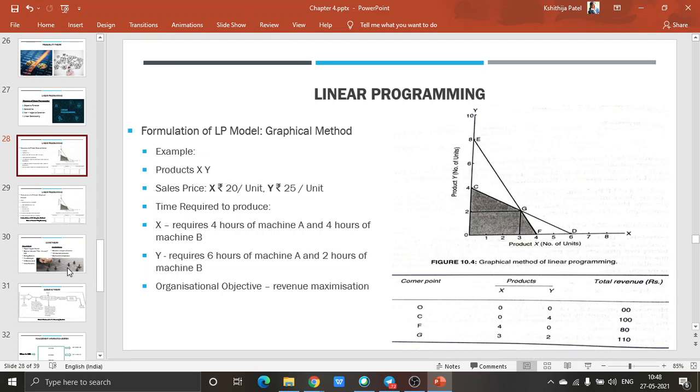Now, the word programming means making decisions systematically. In other words, it is a decision making technique under given constraints, based on the assumption that the relationship among the variables representing different phenomena shows linearity.